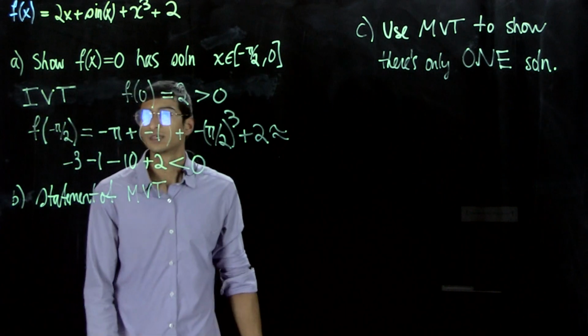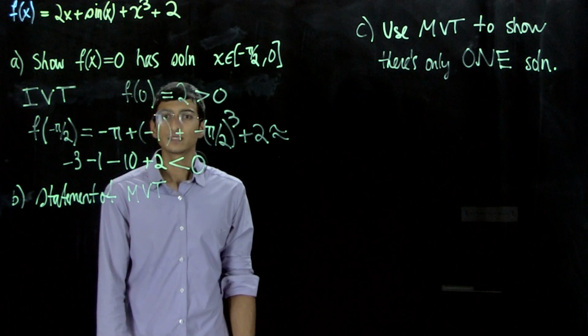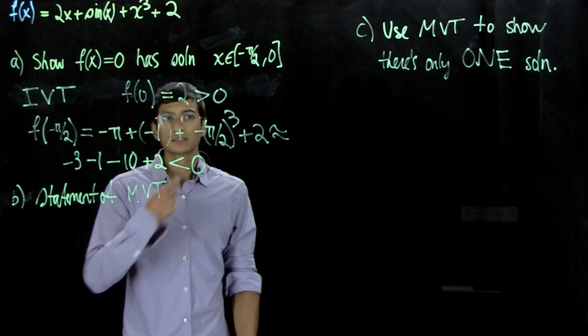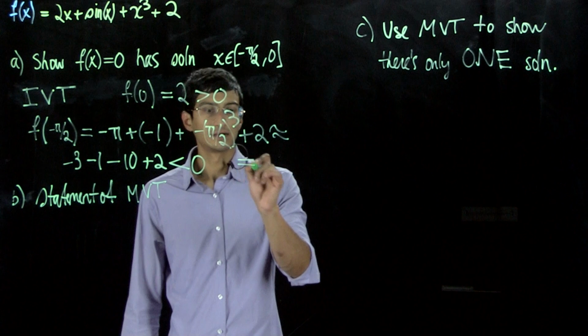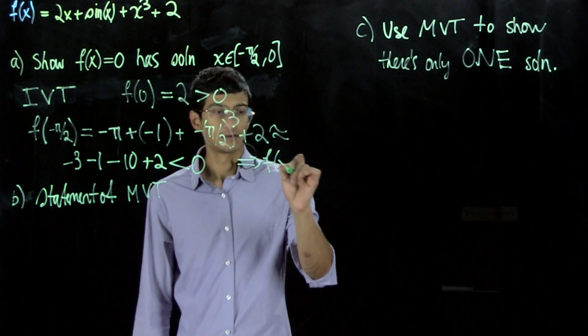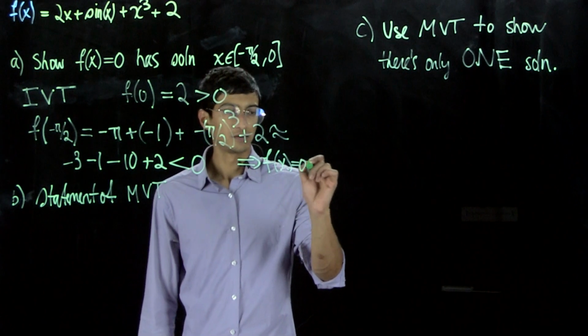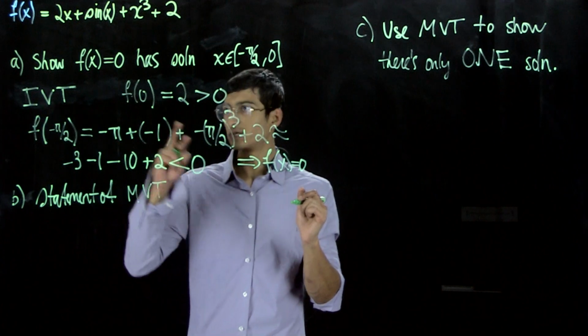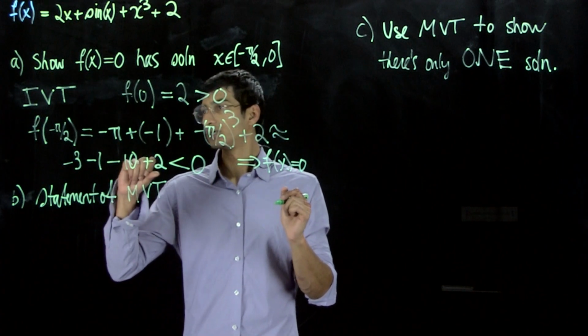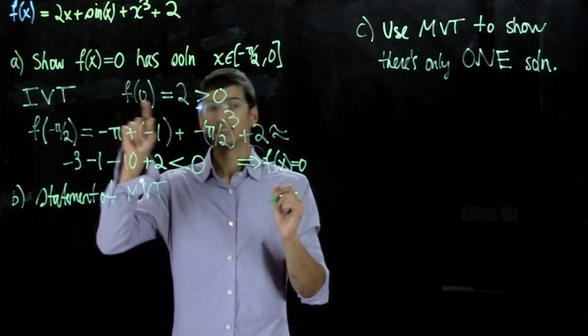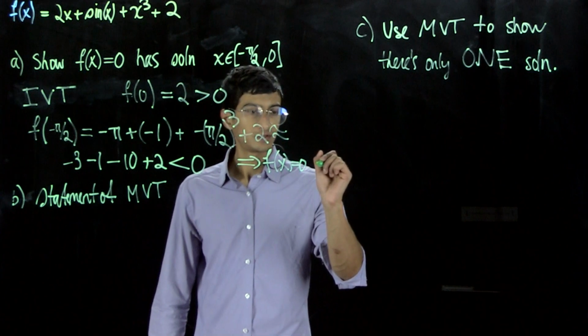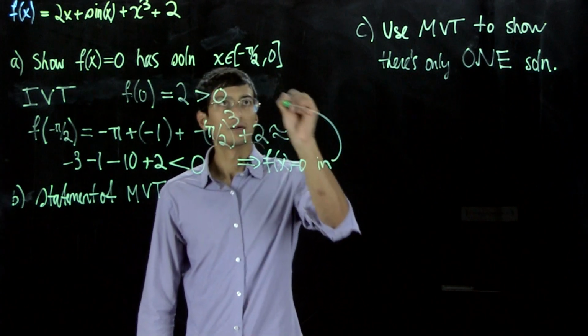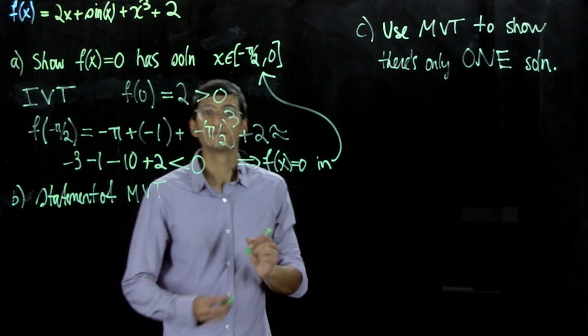So this implies that f of x is 0 somewhere between negative pi over 2 and 0.